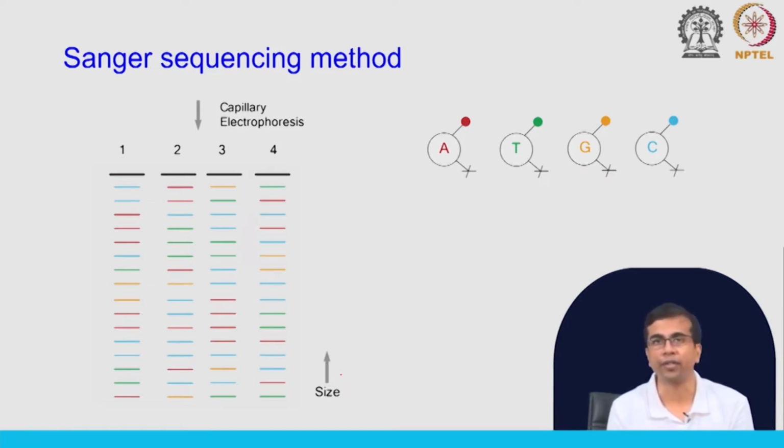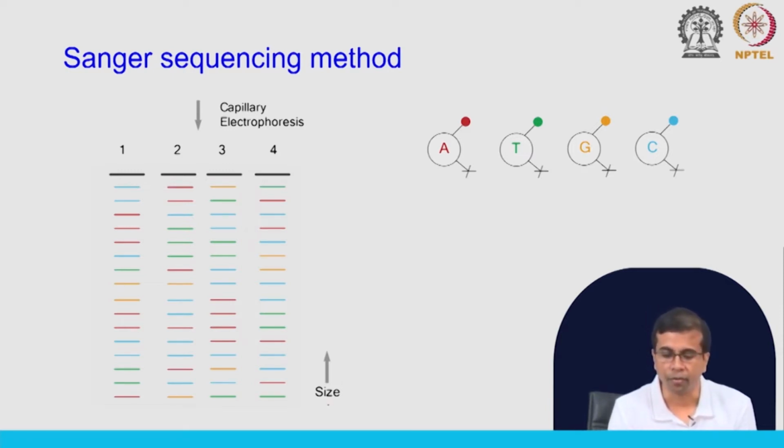Here you can see 4 samples running, 1, 2, 3, 4. The fragments generated from each sample, of different sizes, will be separated based on size. The smaller fragments will run faster through this electrophoretic medium and the bigger fragments will run slower.